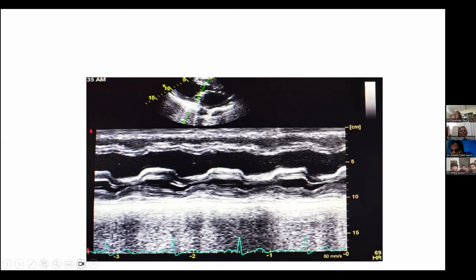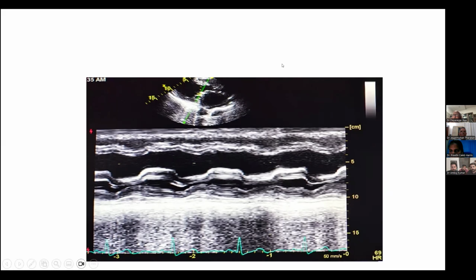A is atrial contraction, you know. CD is the systolic component, single line. E is the first initial portion, early. So EF slope and A.